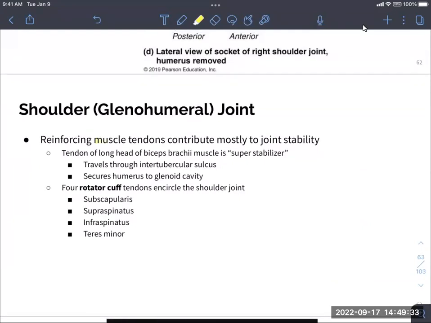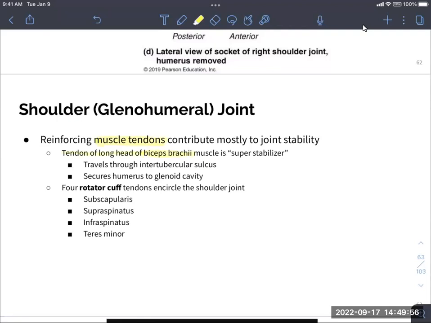We also have muscle tendons. So not just ligaments, but we have muscles that usually have tendons, which are the parts that attach to bone. So biceps brachii, I've mentioned that a couple times. The long head, there's two different heads.